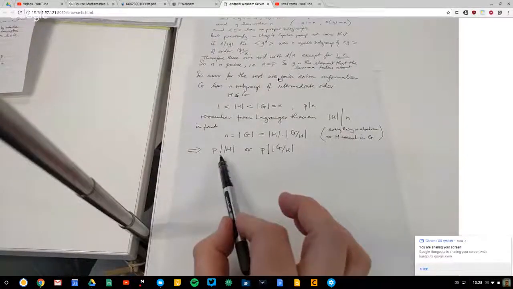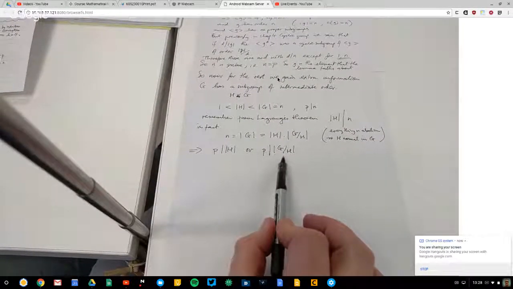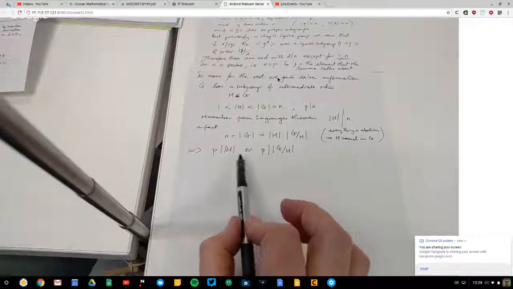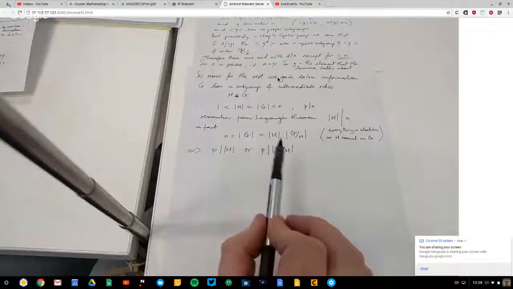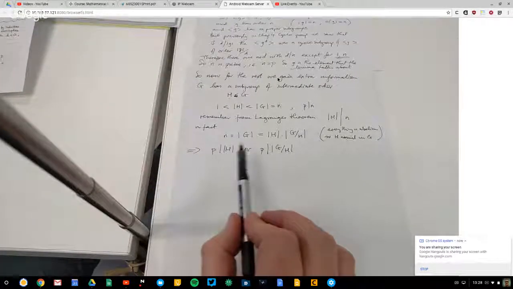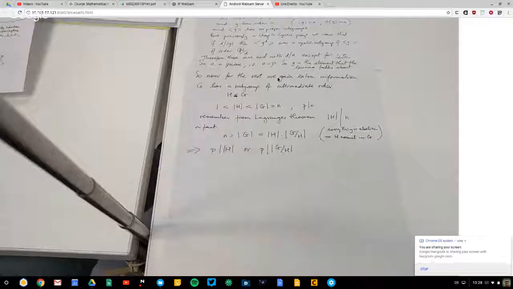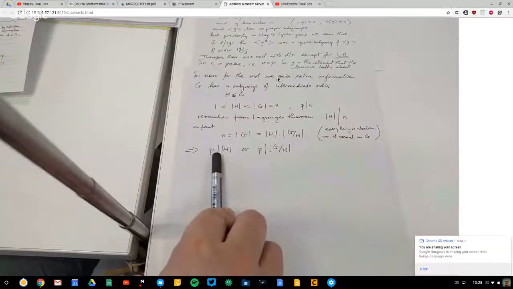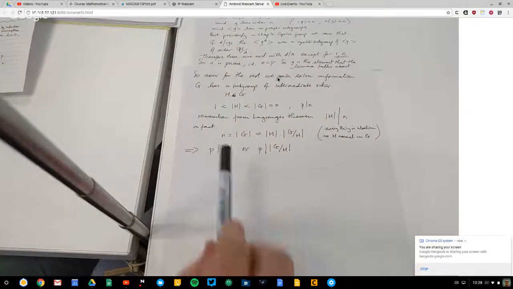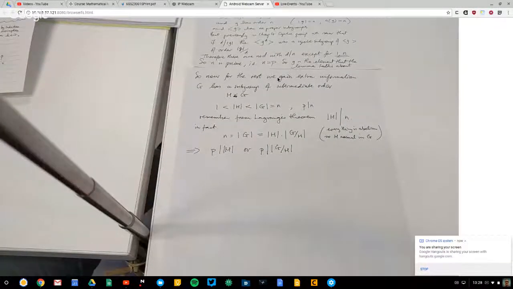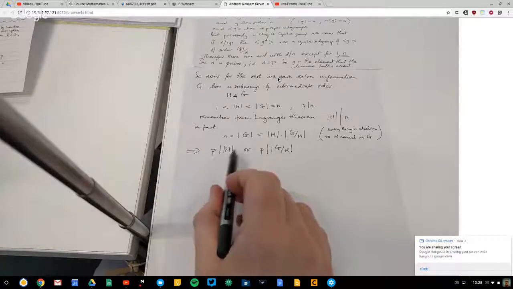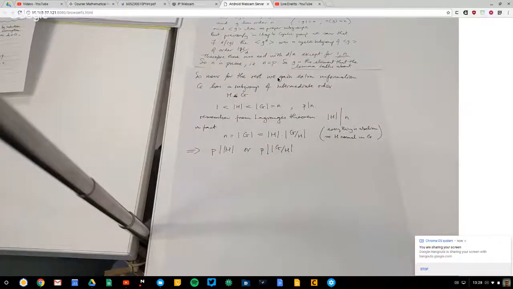Either P divides the size of H, or P divides the size of G mod H. We can't say it's definitely this or definitely that. We know it's just one of them. But we can provide an argument for each case. If we can get to the conclusion of the lemma in this case, and then separately argue for the conclusion in that case, then we'll have covered all cases, because either P divides this or P divides this. So that will finish our proof.